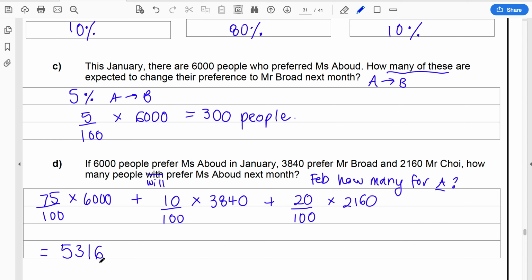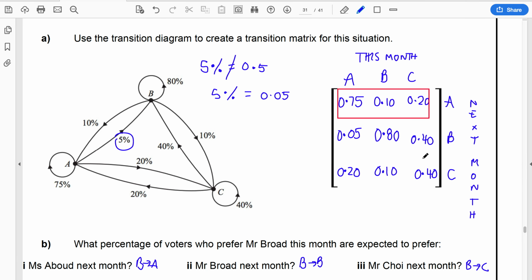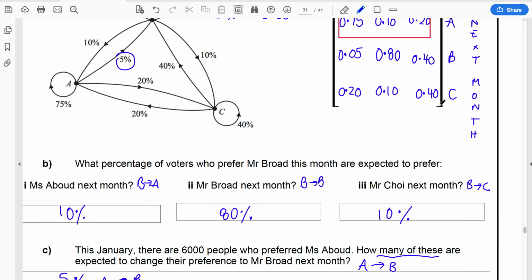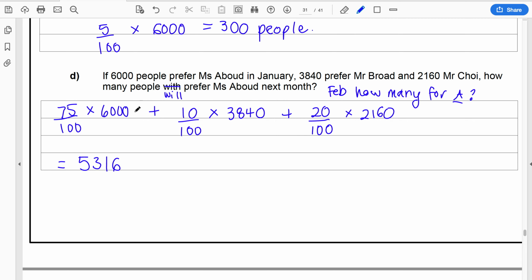Using the information we were given, the 6,000, the 3,840, the 2,160, and putting it into what we call a state matrix. Since these three values represent the run, I can use them in another matrix and use matrix multiplication to make this calculation a lot more efficient.